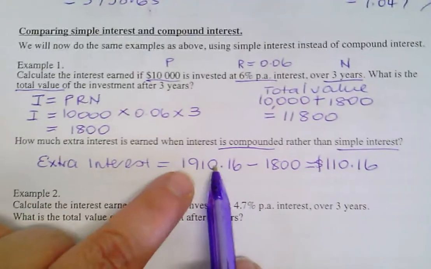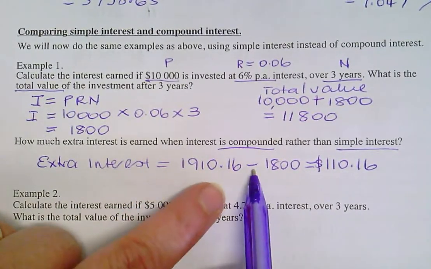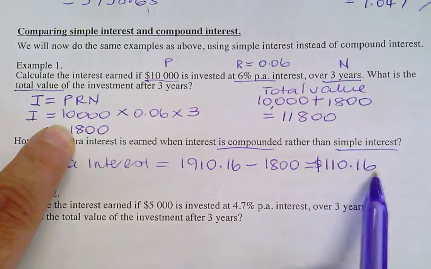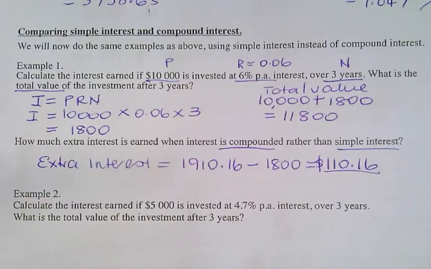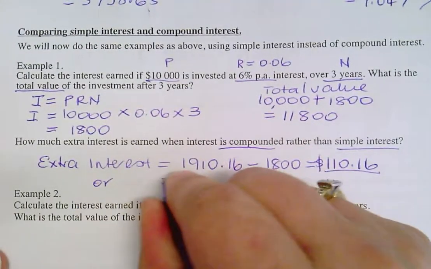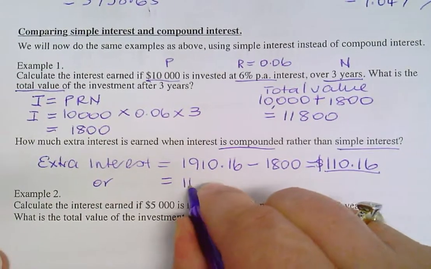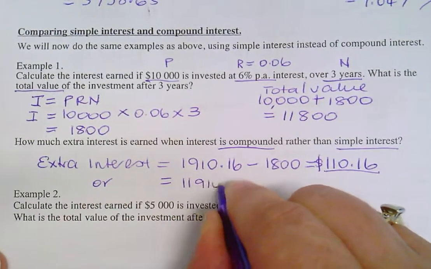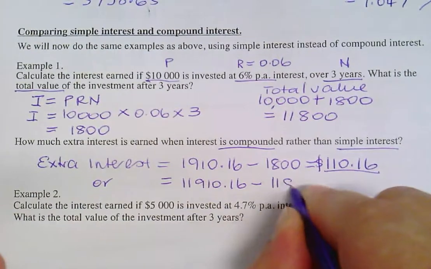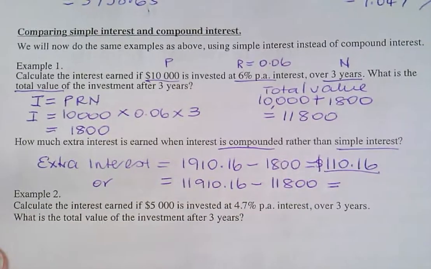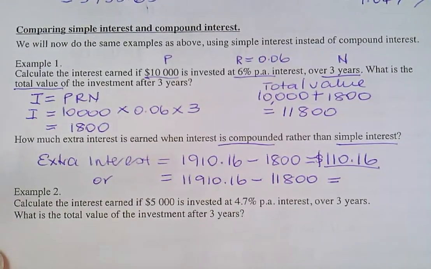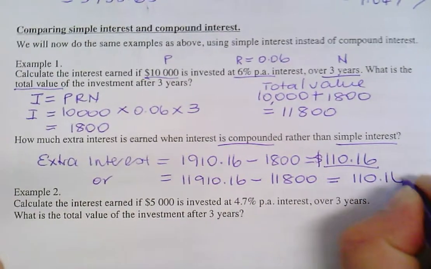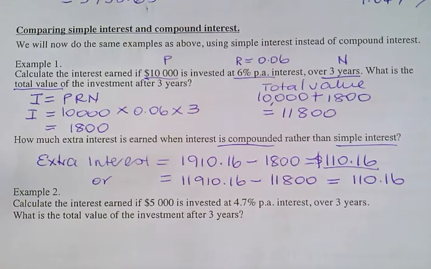So the question was, how much extra interest was earned? I could either do the interest from the compounding one minus the interest from this one, showing that I've earned an extra $110 interest, or I could do the final amount of the other investment, which is 11,910.16, minus the final amount of this investment. Do you get what I'm doing? Which is also $110.16. Okay?